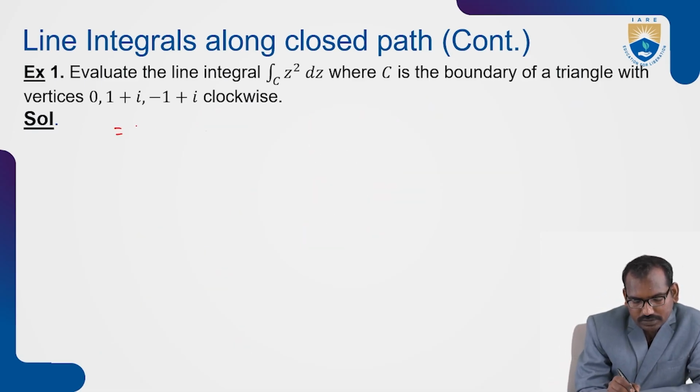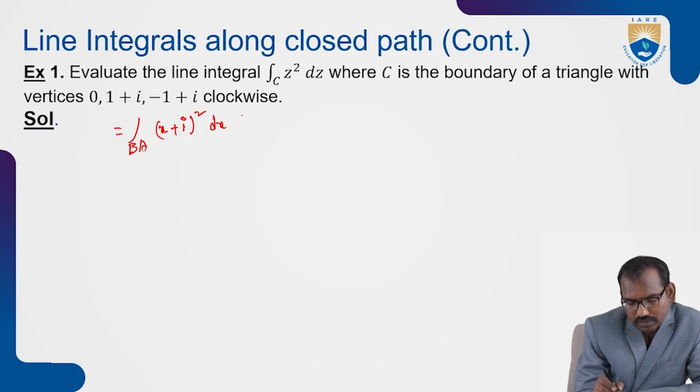Here it is integration from B to A, it becomes (x plus i) whole square and dx only, because dy is 0. Because dy is 0, that's why you will have only dx.